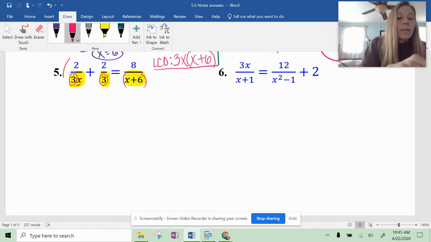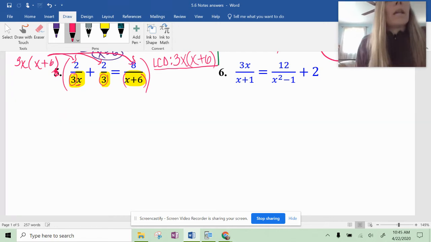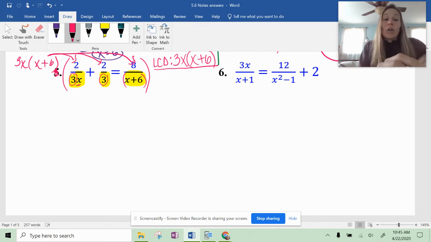And then what we're going to do is distribute that entire thing to this problem, all 3 terms like this. Now, as I showed you on the other page, you're multiplying that to the top, but then you're going to be able to cancel some of that denominator out.